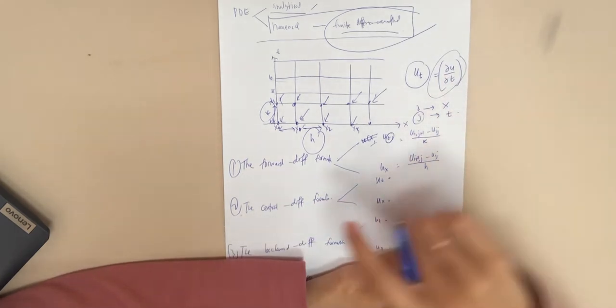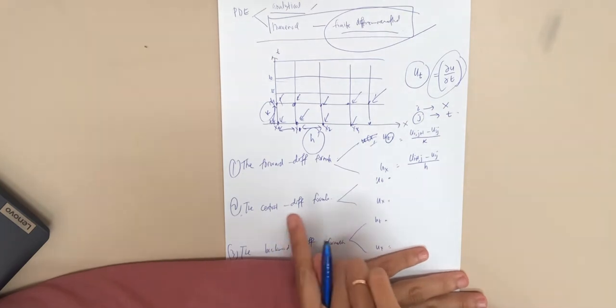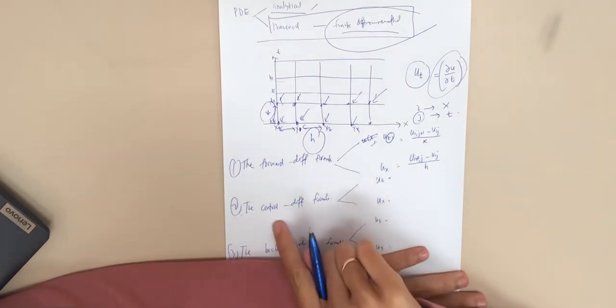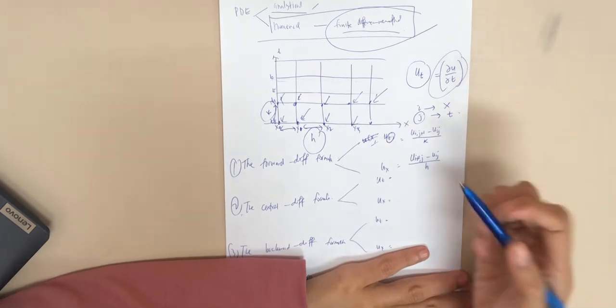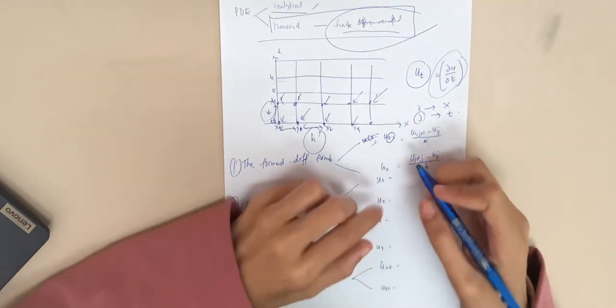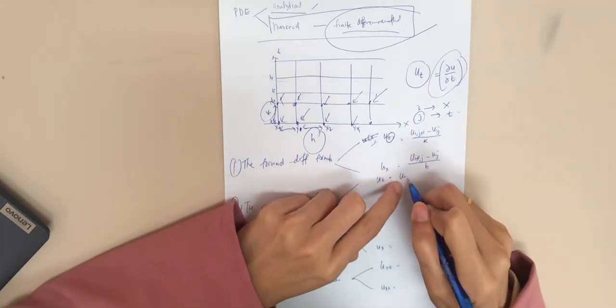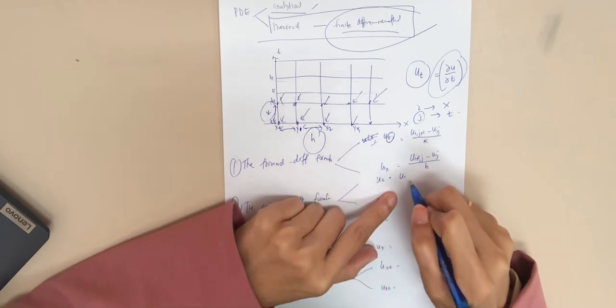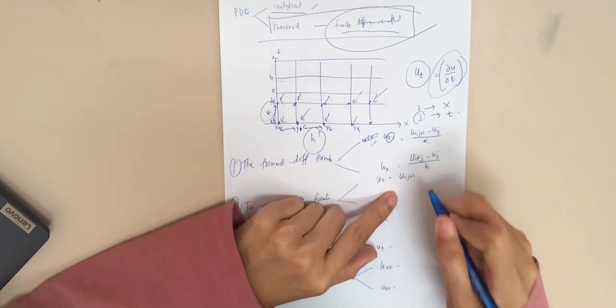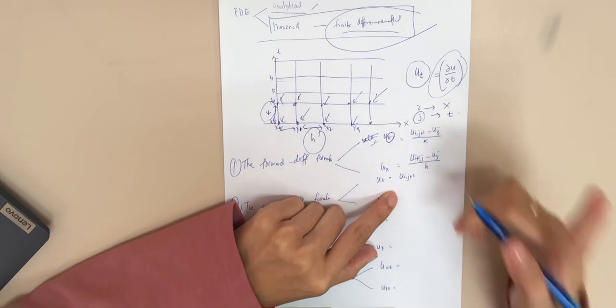So now we move to centered. Centered or central, it's the same thing. So for u t, i will remain as i, j will add 1 or increase by 1.